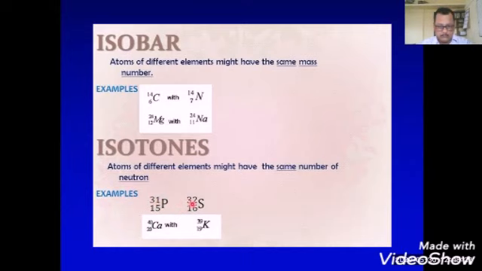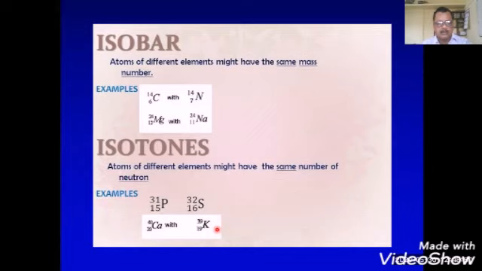So they are called isotones. Similarly, 20 calcium 40 and 19 potassium 39, they are atoms of different elements, but they have the same number of neutrons in their nucleus. So they are called isotones. So three important terms: isotope, isobar, and isotone. So I hope this is clear to you. This is not so difficult.